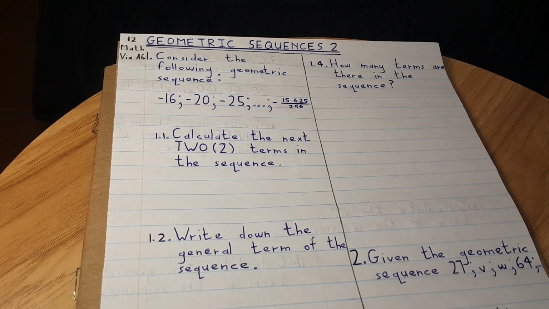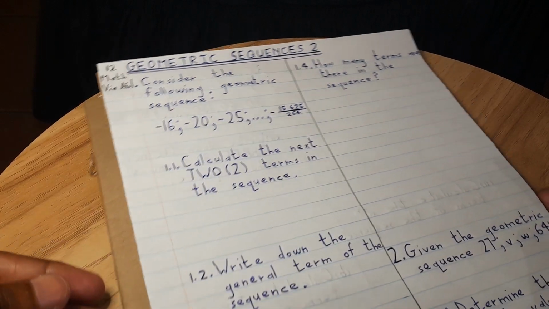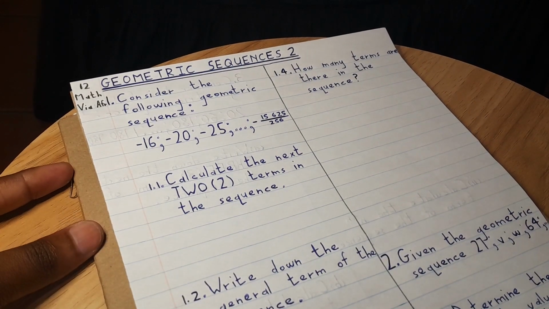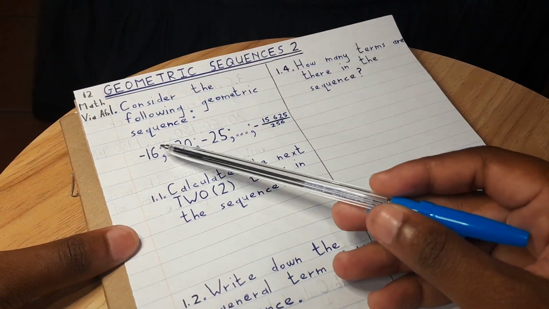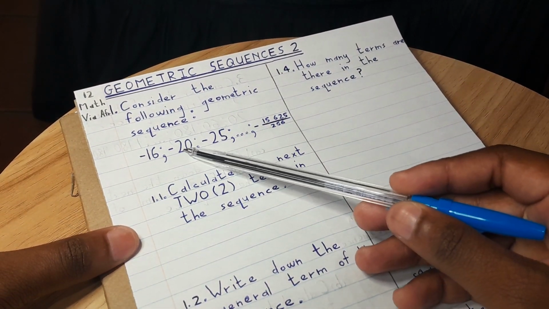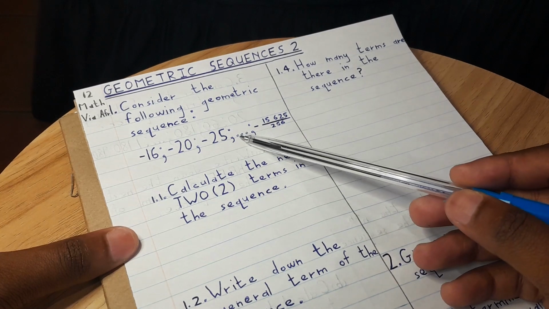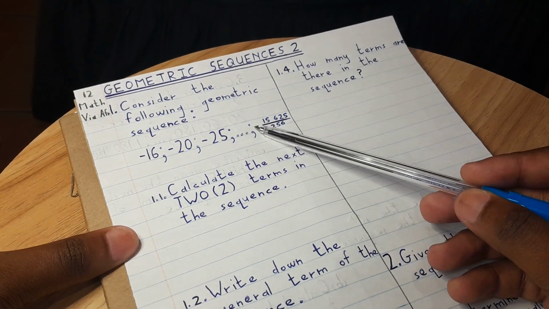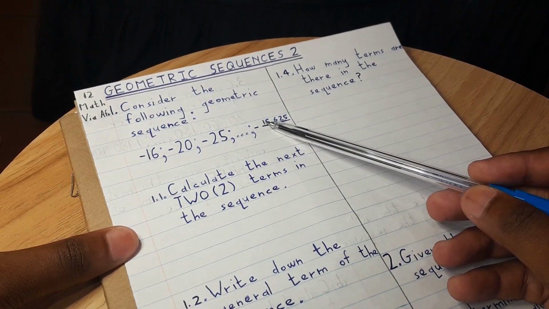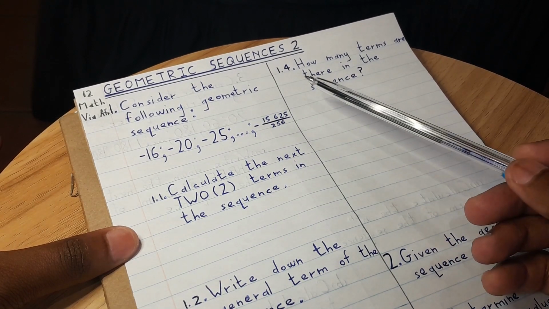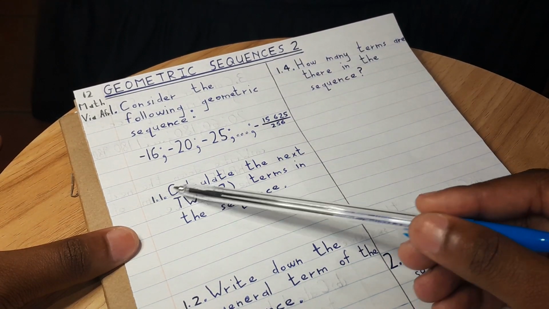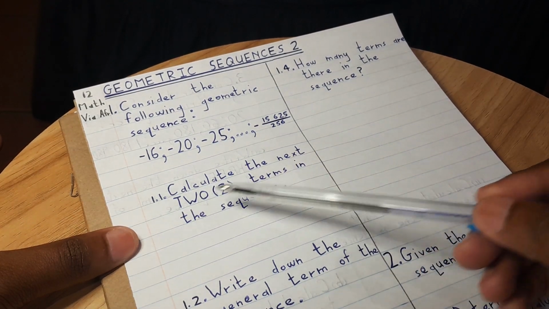Okay, grade 12s. The first question states, consider the following geometric sequence. You have negative 16, then negative 20, then negative 25, then other terms in between, and then negative 15,625 over 256. 1.1 states, calculate the next two terms in the sequence.